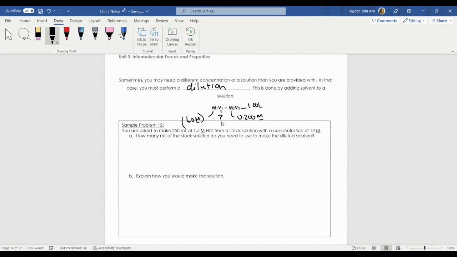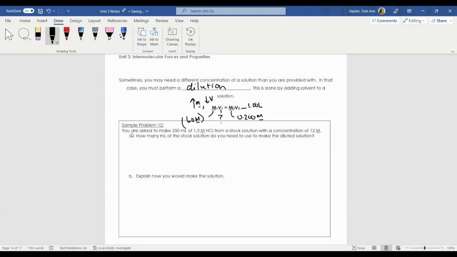I would need to figure out what volume of that 6 molar hydrochloric acid I need to make 1 liter of a 0.2 molar solution. That's what this particular equation is telling us. Because these variables are next to one another, the higher the molarity, the lower the volume. So the higher the molarity means less of that. When I dilute to decrease the concentration, I would have to add more solvent to do that.